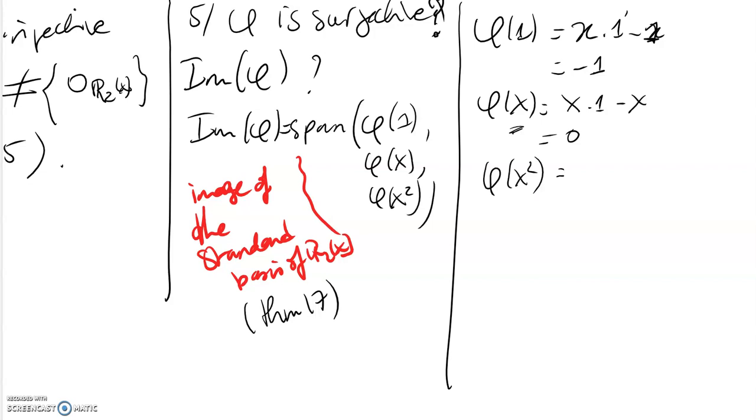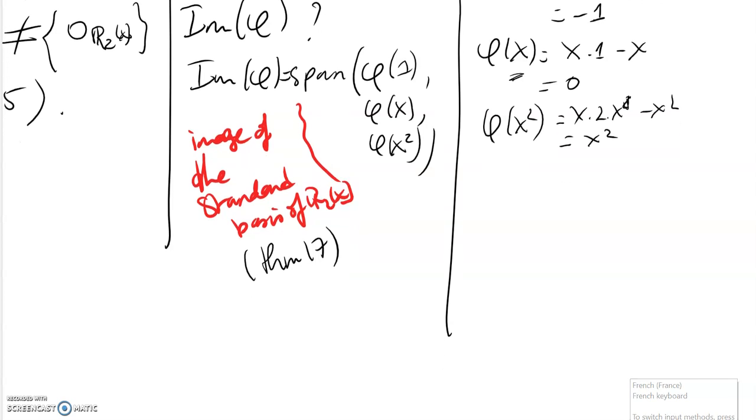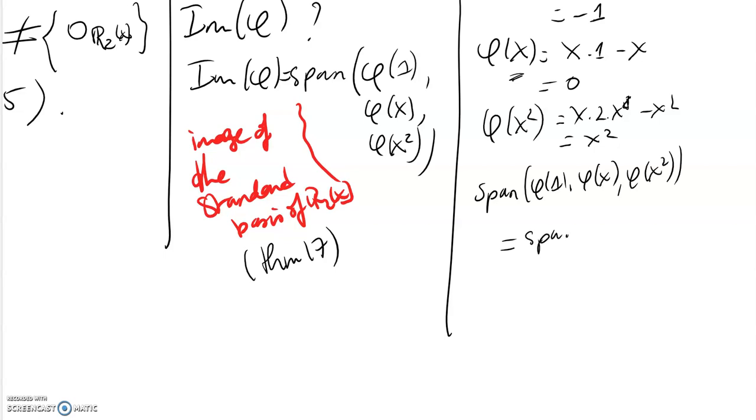It's going to be x times 2x minus x^2, and that is x^2. Well, we already calculated that. So the span of phi of 1, phi of x, phi of x squared is the span of negative 1 and x squared.